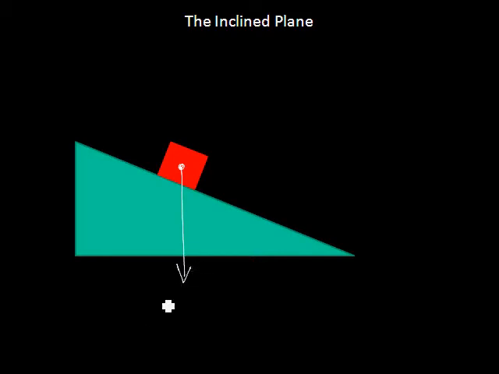So we can draw a vector there that represents the weight of the object, and we can calculate the weight, its mass multiplied by acceleration due to gravity. And the force that prevents this block from falling through the ramp is the support force, which is also known as the normal force because it's perpendicular to the surface. So it doesn't act up and down, it acts at 90 degrees to the surface. It's off in this direction.